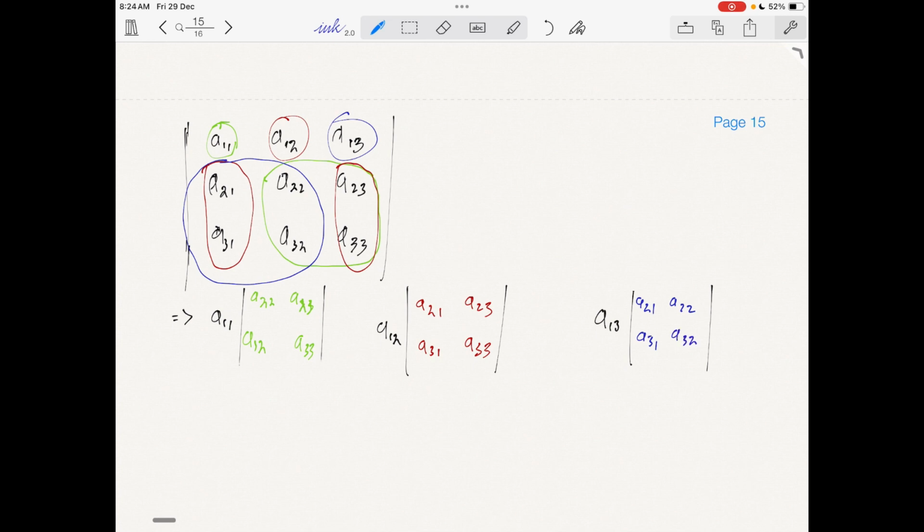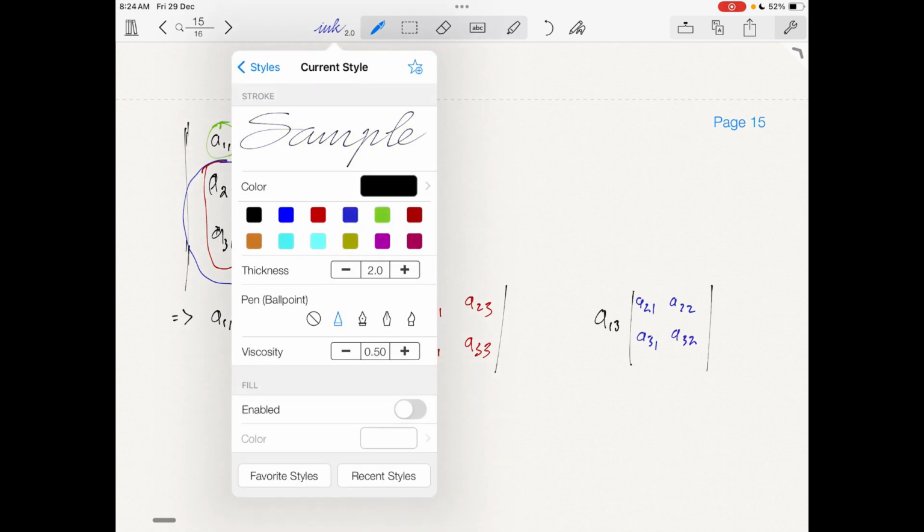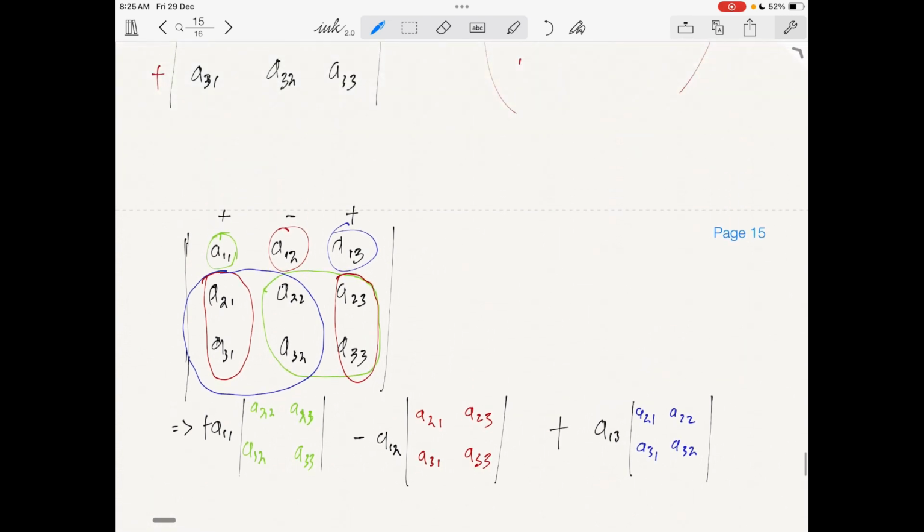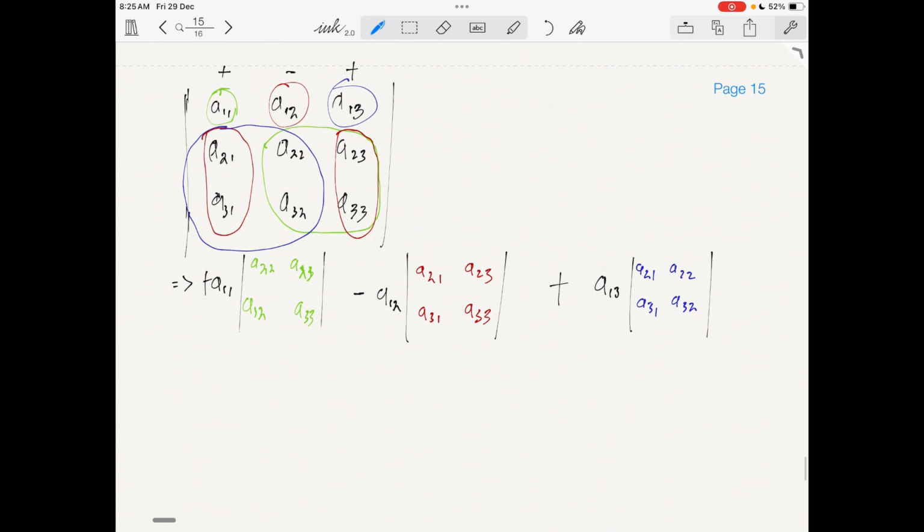Now since we know the order that we have generated, plus minus plus is the standard. So definitely A11 will be positive, A12 will be negative, A13 will also be positive. This is the way to solve the determinants. Then we say A11, remember, this is leading diagonal minus the following diagonal.